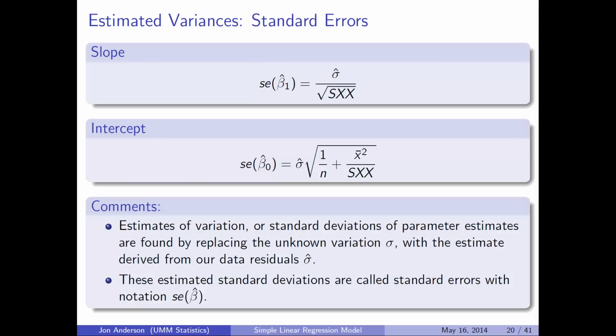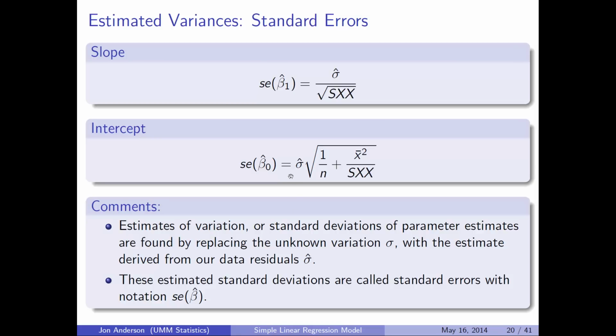When we take a look at our formulas for the variation of these estimates, they have sigma values in them, and we never really know what the underlying data creation system variation is. The best we can do is use the residuals to come up with a guess or an estimate for what the error variation might be.